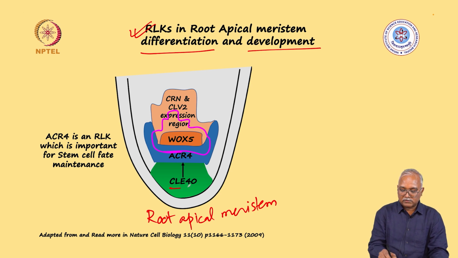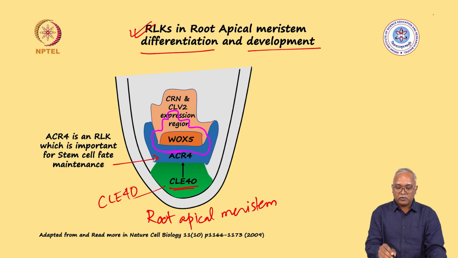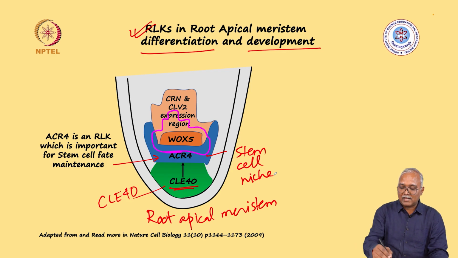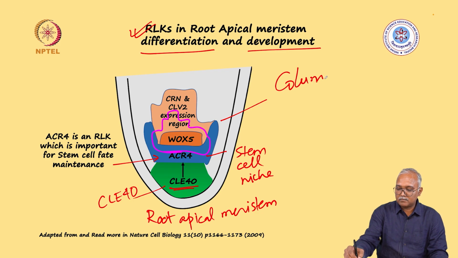So here you have this secreted peptide CLE40, which signals through this ACR, which is a receptor-like kinase, which helps in the maintenance of stem cell niche. Here we are discussing in particular the cells in this region which are called columella cells.